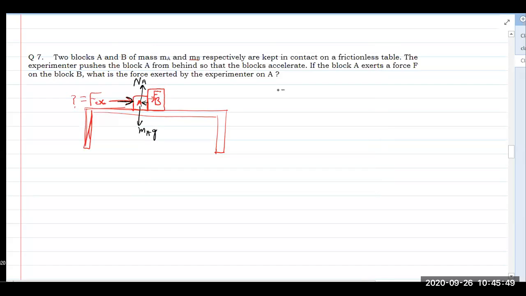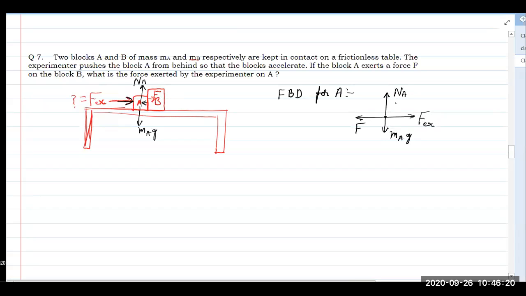So if we make a free body diagram for A, why do we make a free body diagram? Because the forces are clearly visible. In the diagram they may not be visible, so we make a separate diagram. So MAG, then NA normal, then the experimenter force, then the internal force F. This is the condition of forces on A. First we can solve this.